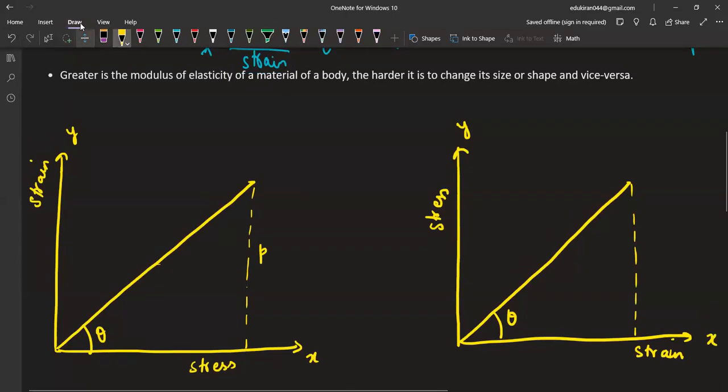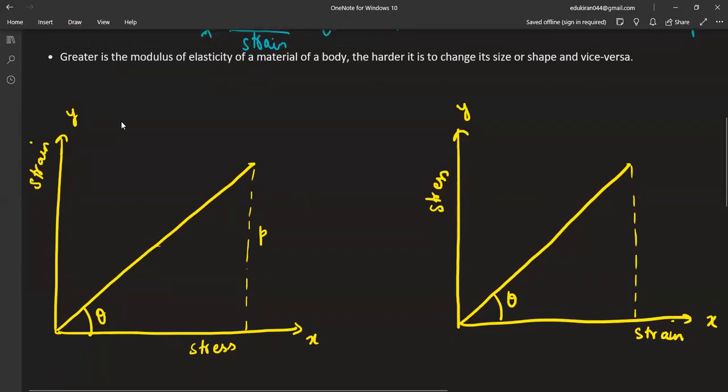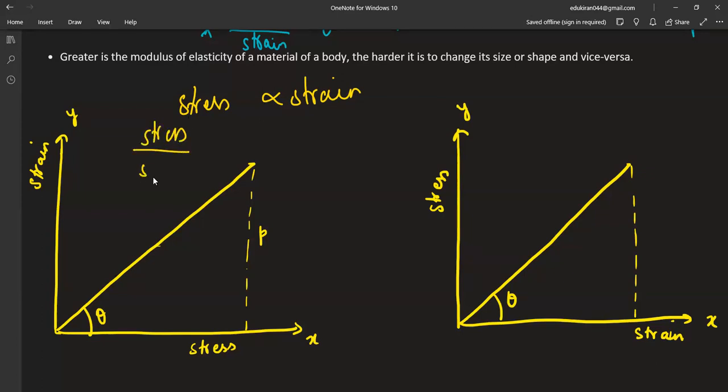See, this graph says what? Stress is directly proportional to the strain. So with whichever amount the stress will be increasing, with the same amount strain will be increasing. So how do you calculate it? See, stress over strain, perpendicular.